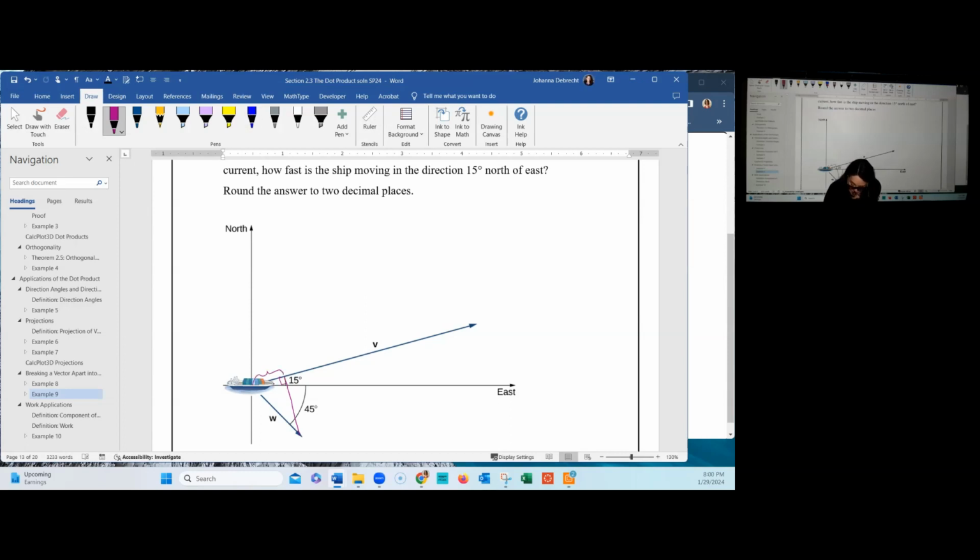And let's make it pink, which goes right here. And this is the projection of W onto vector V.